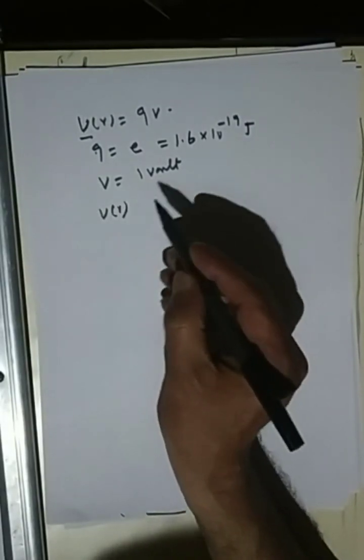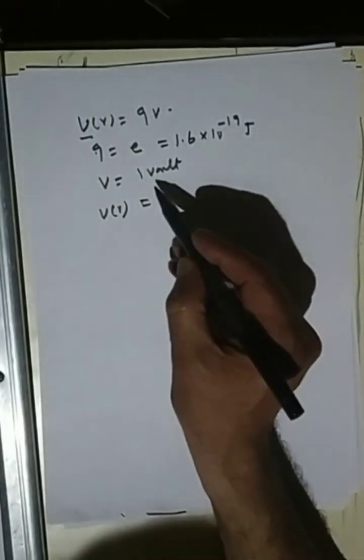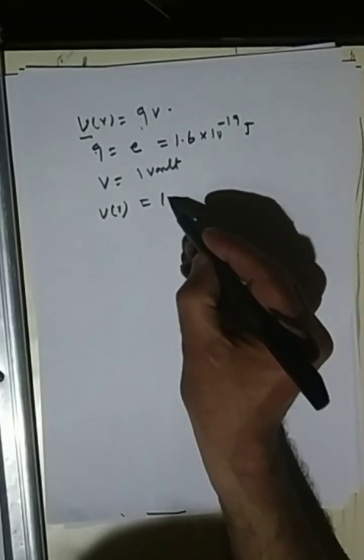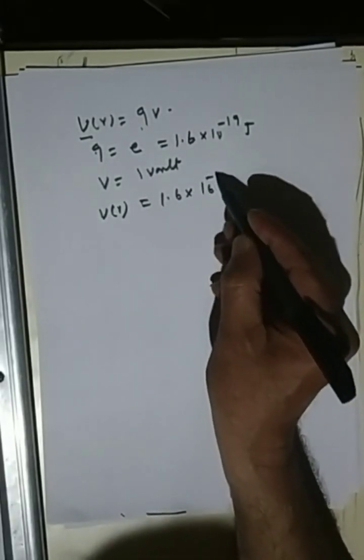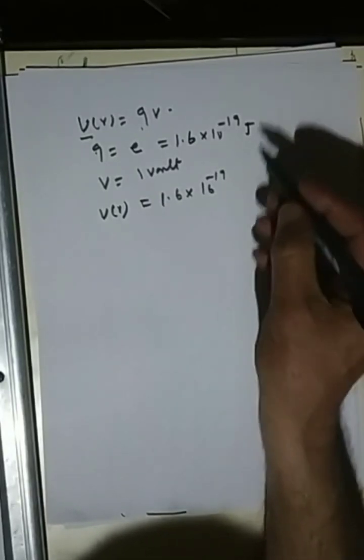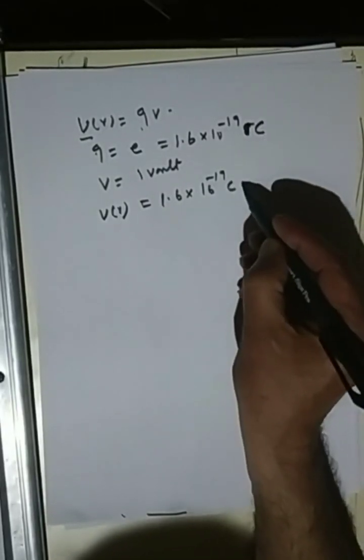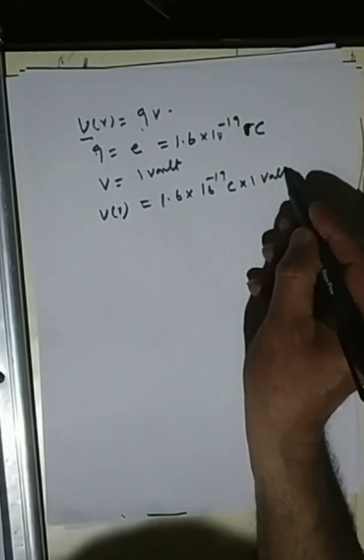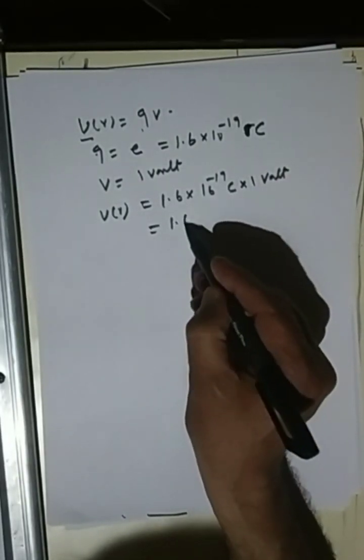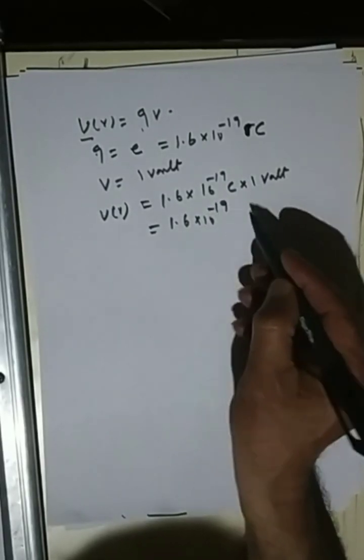If Q is the charge of the electron, that is 1.6 into 10 raised to the power minus 19 coulomb, and V is equal to 1 volt, then the energy U stored in that electron brought from infinity will be Q, that is 1.6 into 10 raised to the power minus 19 coulomb, into 1 volt. That is 1.6 into 10 raised to the power minus 19 coulomb volt.